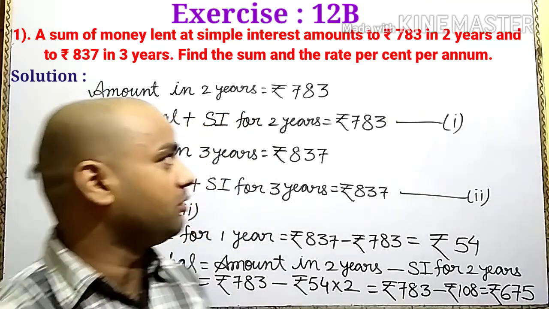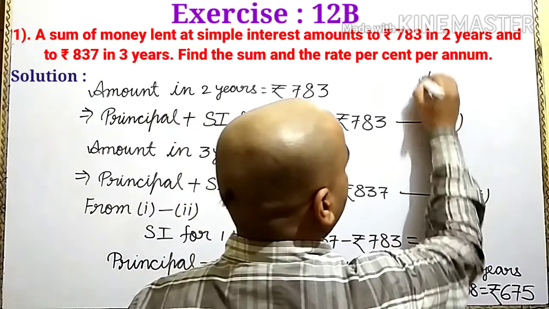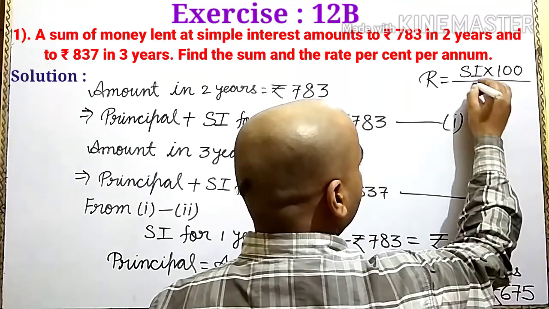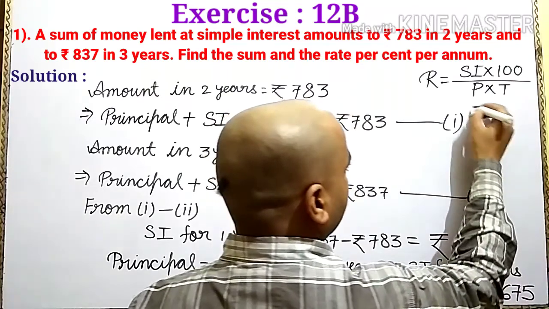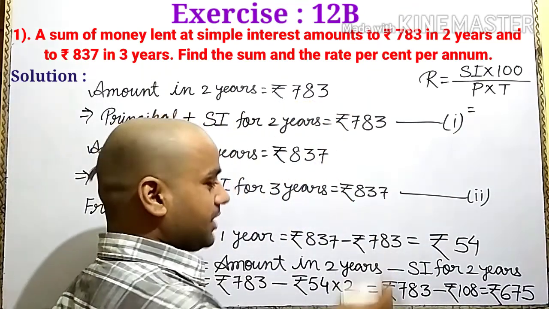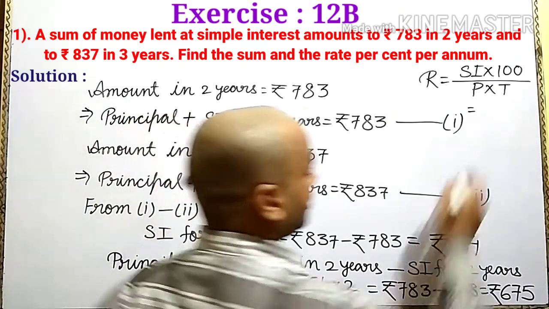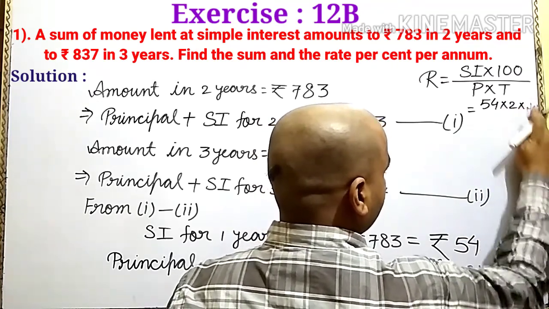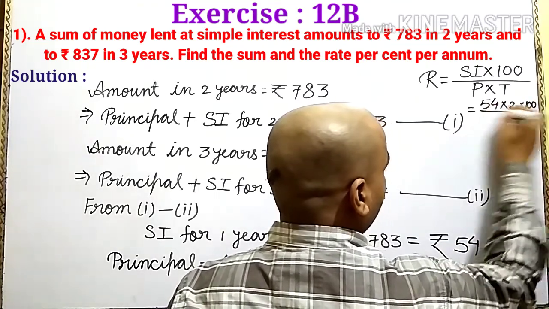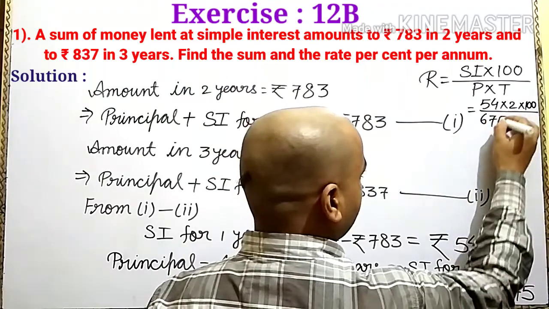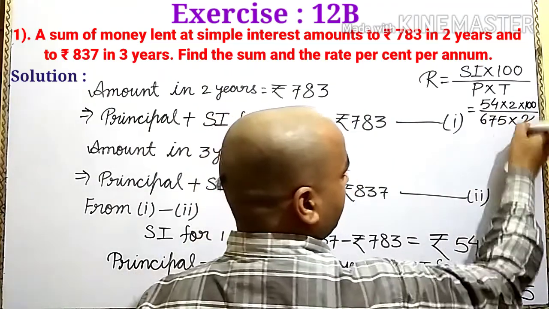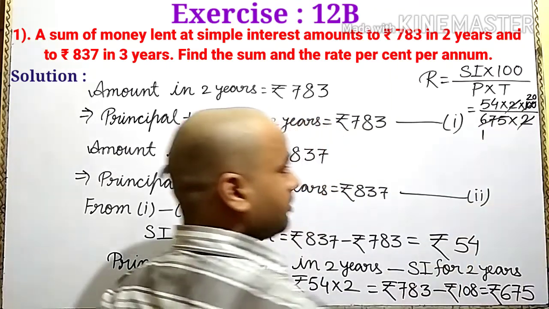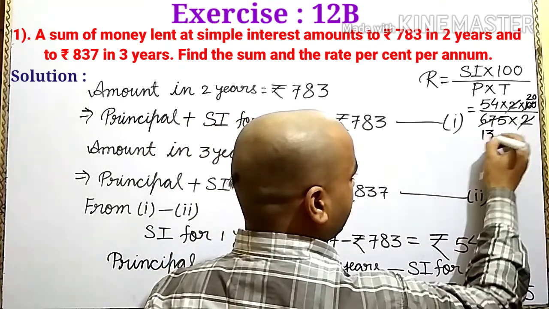Now find the rate. So we know that rate is equal to SI into 100 upon P into T. Here we take SI for 2 years, 54 into 2, into 100, upon P 675 and we take time 2 years. 2 cancels out. 5 1s are 5, 5 3s are 15, 5 5s are 25.